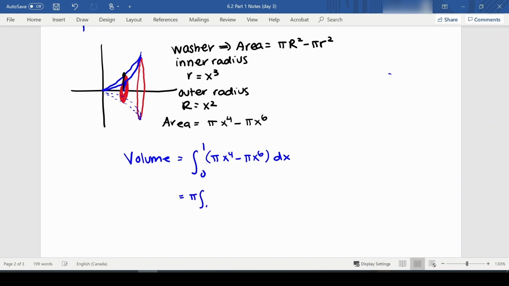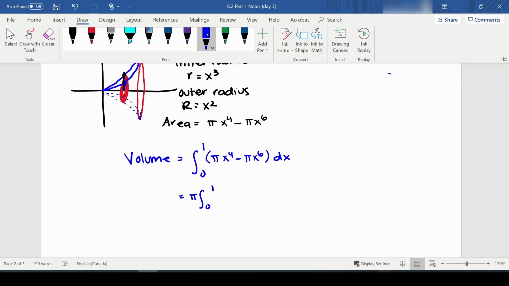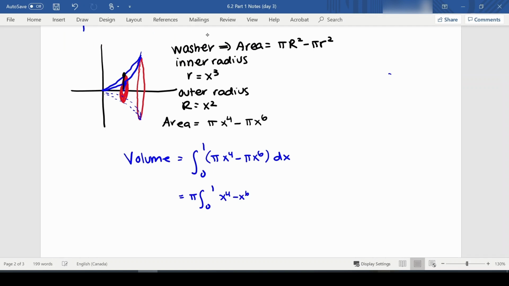I can take the pi out and have x to the fourth minus x to the sixth dx, which gives me pi times 1 over 5 x to the fifth minus 1 over 7 x to the seventh, from 0 to 1.